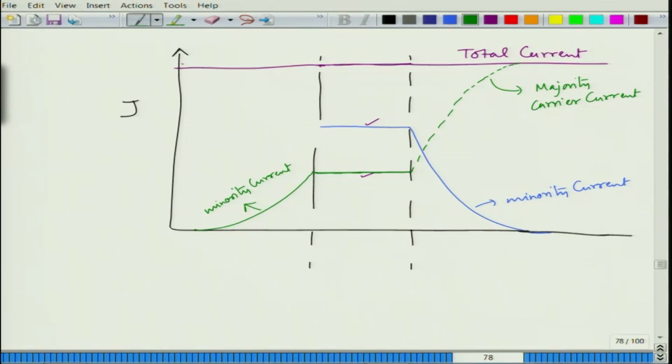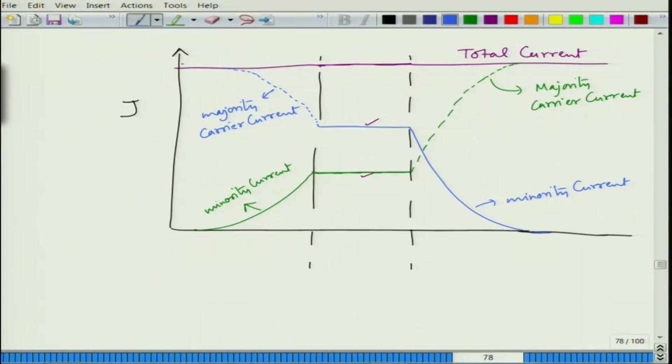Similarly we can draw that for the holes. So, this is the majority carrier current in the P side.